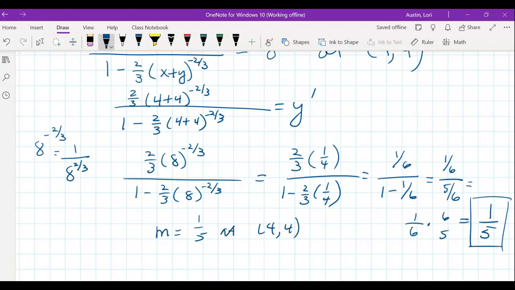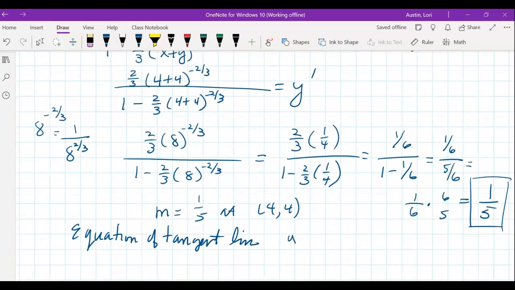If you were asked for the equation of the tangent line, you would do y minus 4 equals 1/5, and you can get that equation too.